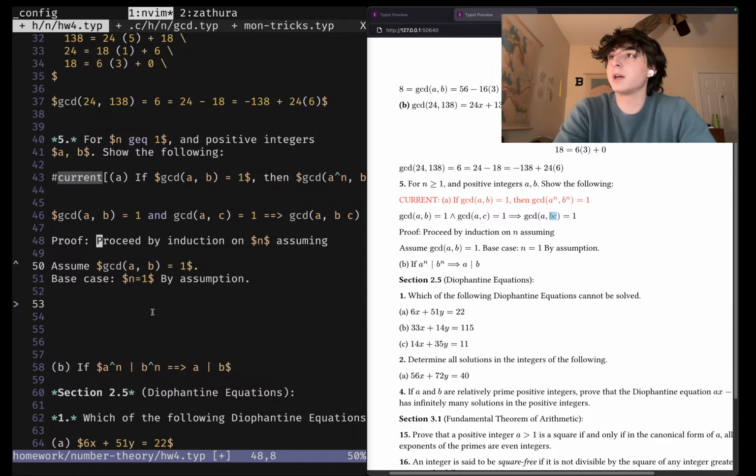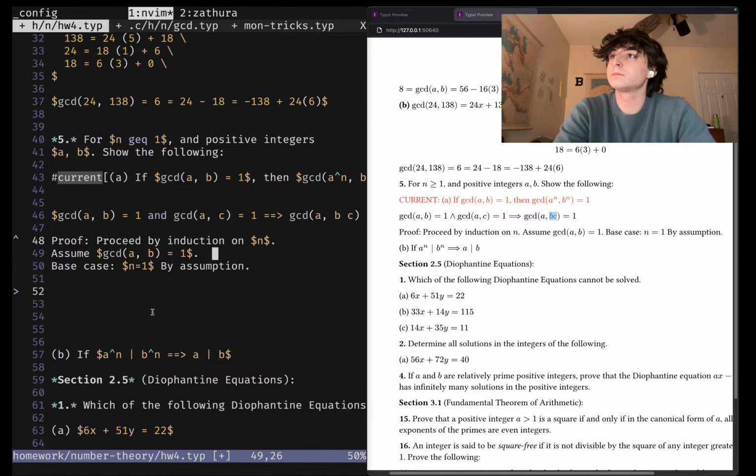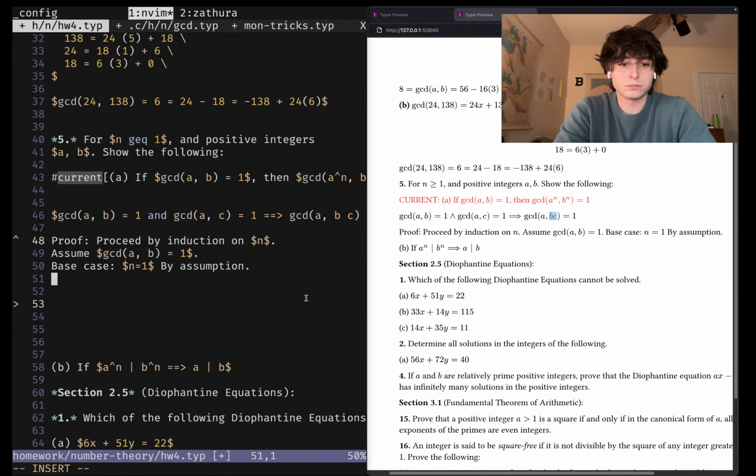Okay, I see what you're saying. So indeed, the base case is literally just done. For the inductive step, we're going to assume that the statement is true for some fixed value n, and then we just have to prove it for the next value.